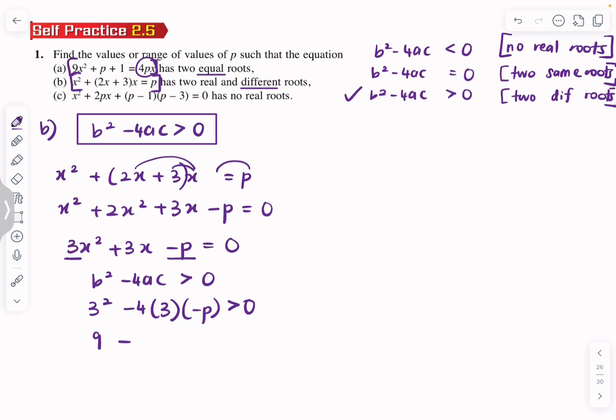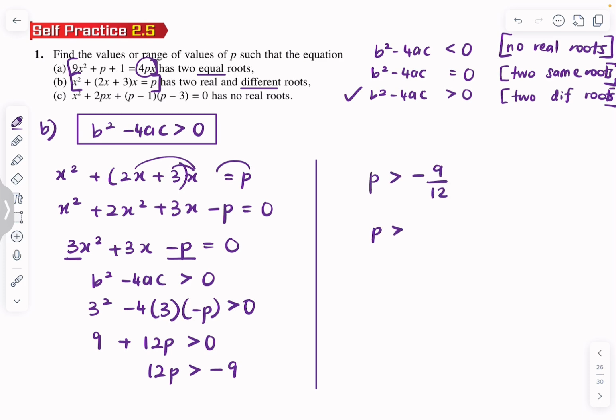This will be 9 plus 12p more than 0. So from here we make p the subject, 12p is more than negative 9, and therefore p will be more than negative 9 over 12. So this one we can simplify, giving us negative 3 over 4. So this will be our final answer for B. Done.